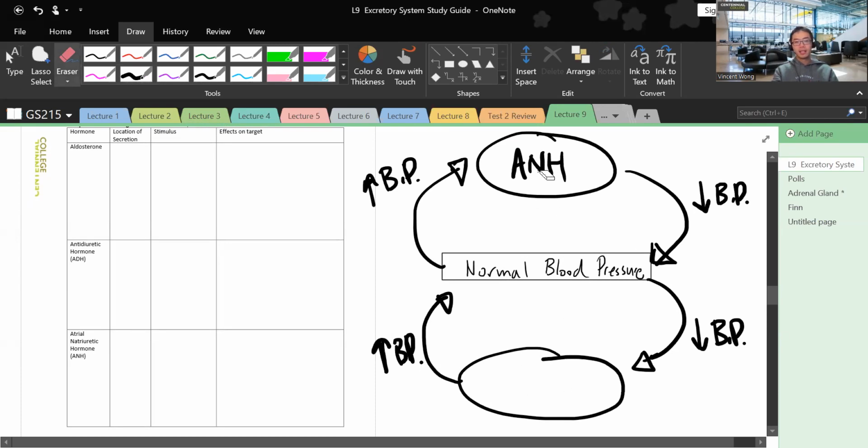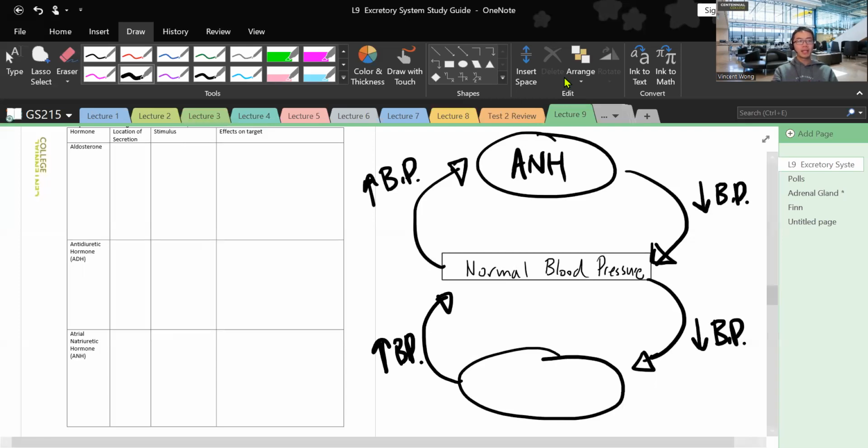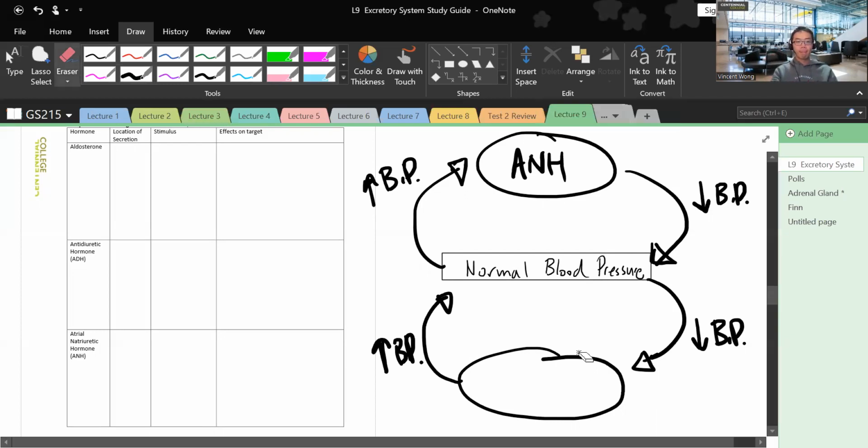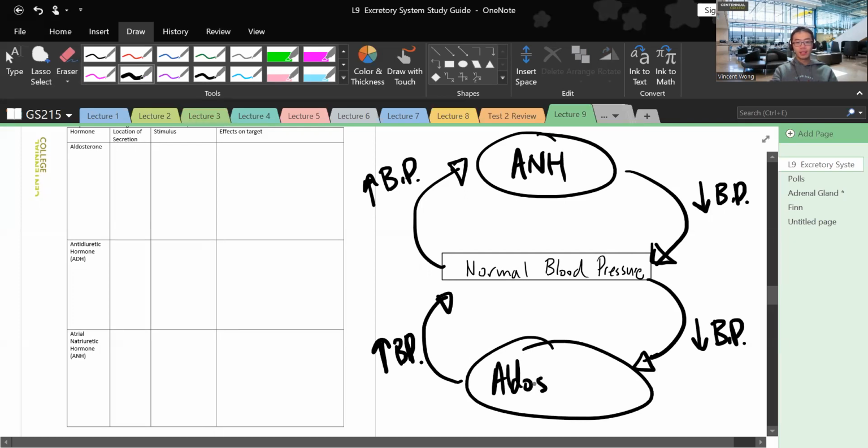What is the antagonist of ANH? Renin is an enzyme. It's not the hormone, but that's the beginning. The renin will then allow us to have angiotensin, which ultimately leads to the release of which hormone? That's right, aldosterone. I don't think there is a short form for aldosterone, so you have to write it all out. Does this make sense? The two balance each other out.